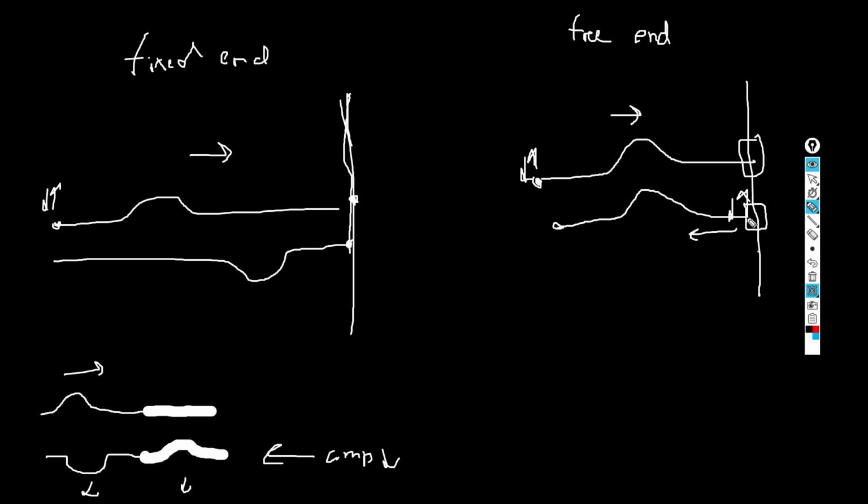Now, what if it's going from more dense to less dense? Then that acts as a free end. So you have a more dense medium going into a less dense medium. It's going this way, and then it's going to bounce back like a free end.